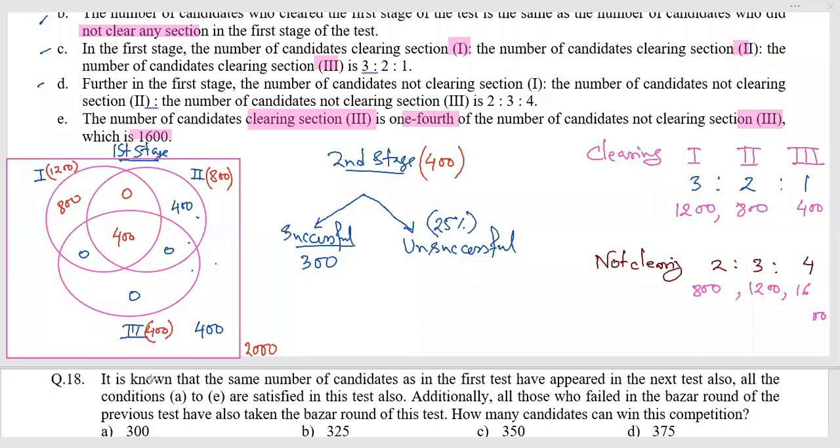Now, in our last question of the set, it has said that the same number of candidates as in the first test have appeared in the next test also. Same number of people. That means the 2000 people who appeared in the first stage of the first test. So in the second test also, all the conditions A to E are satisfied.